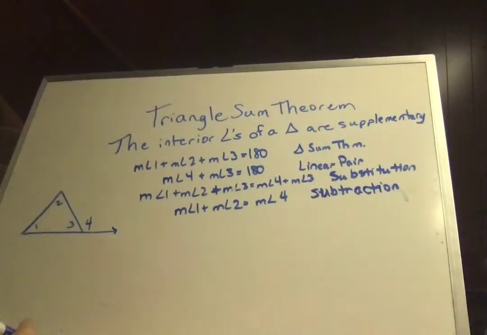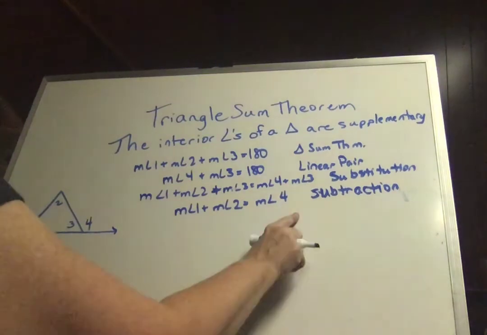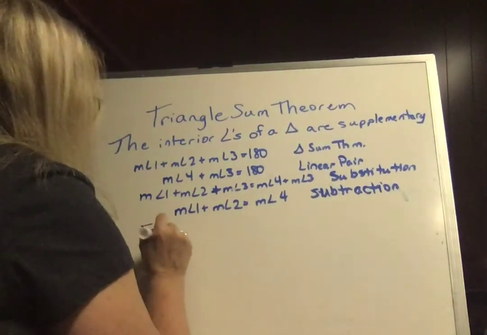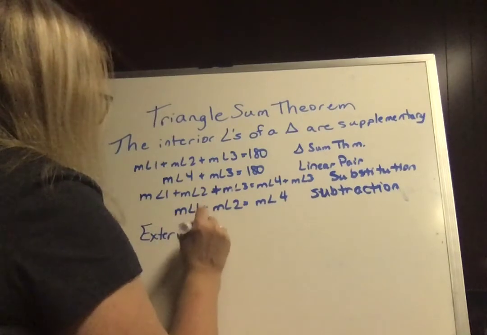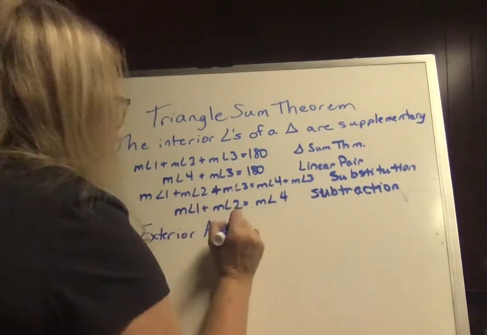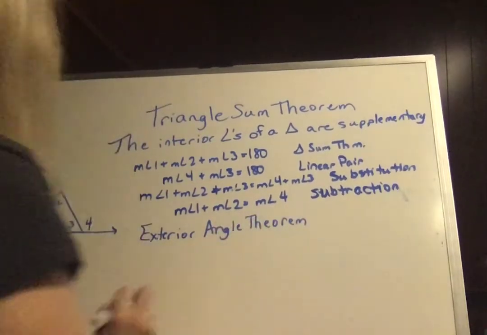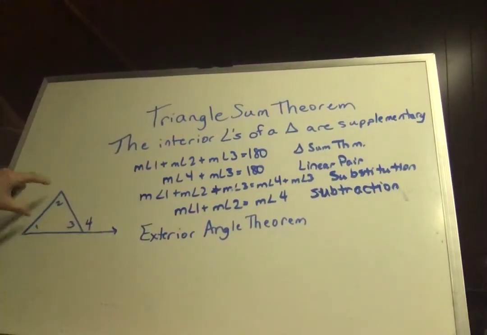Subtraction. Okay, this right here is called the exterior angle theorem. Measure of angle 4 equals measure of angle 1 plus measure of angle 2.